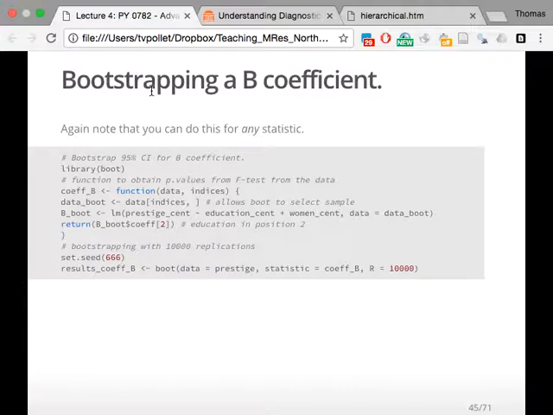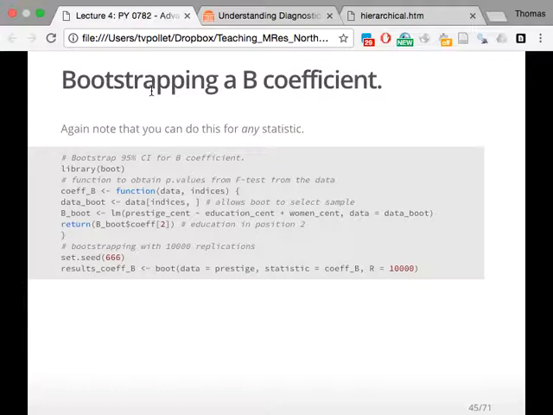By now you should also be familiar with bootstrapping. You've done it a couple of times, perhaps in your assignments. I've been going on about it for quite a time. Again, you can bootstrap any statistic you find using the boot package. I won't run through it because it's exactly the same code as we used for the t-test and for the other tests.